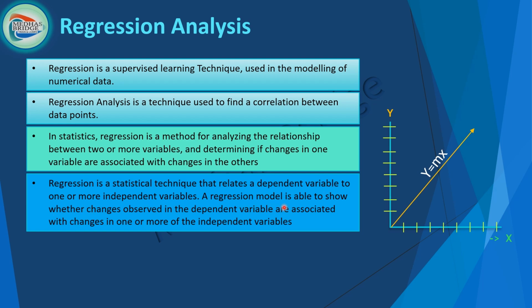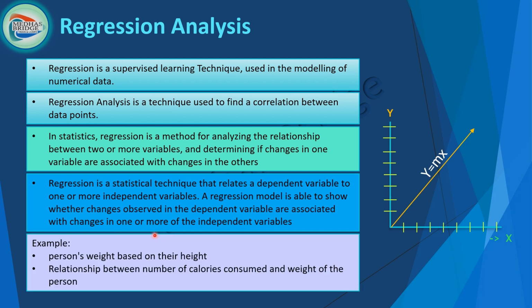A regression model is able to show whether changes observed in the dependent variable are associated with changes in one or more independent variables. Let's say, for instance, a person's weight based on their height. We have the relationship, no? Height versus weight, isn't it? For example, a simple formula: weight equals some constant 50 plus a multiplication factor 0.5 into height.